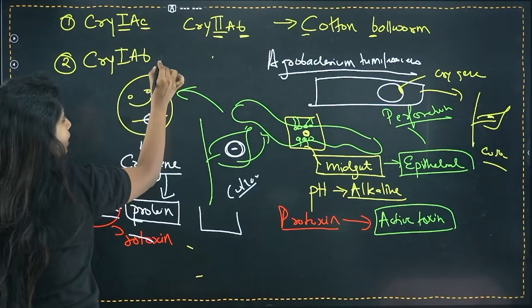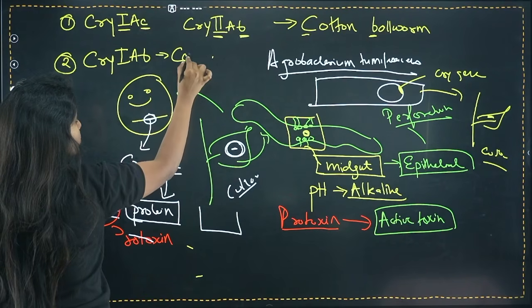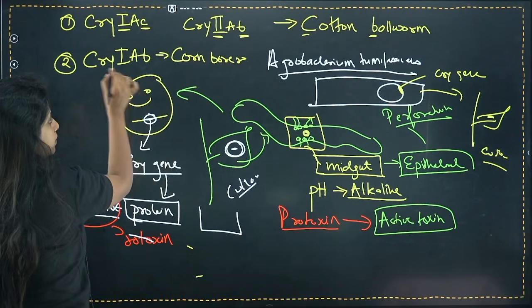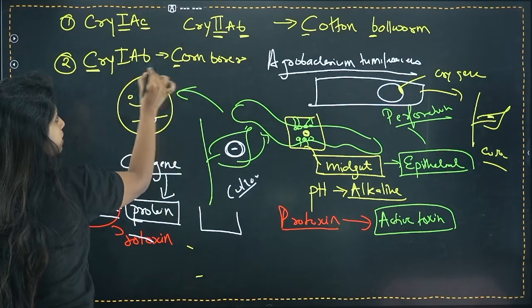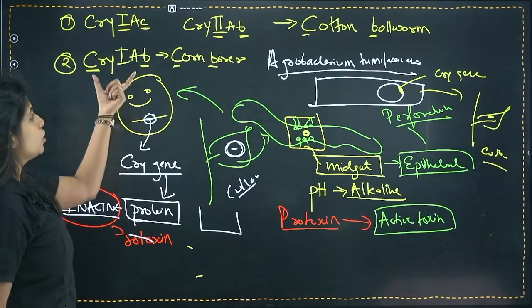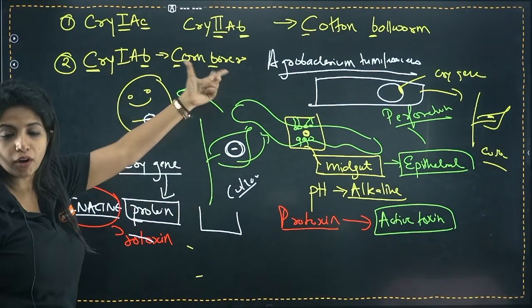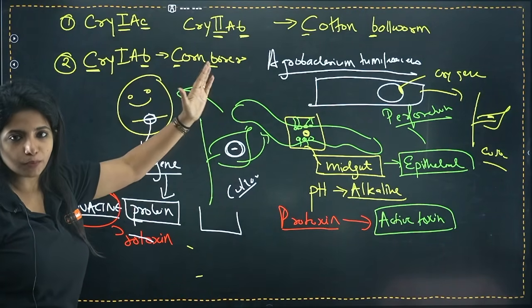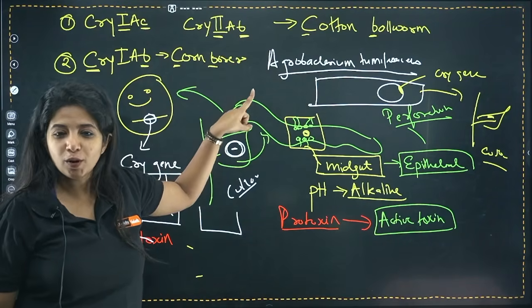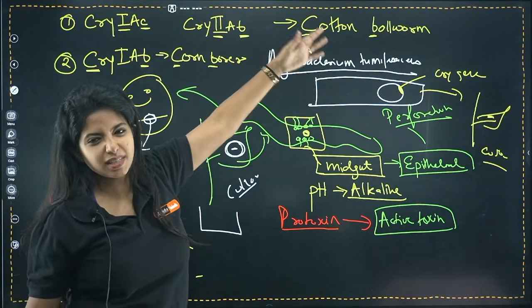Here there is only one. The name of this organism is corn borer. Over here, first letter C, second letter B, corn borers, and there is only one gene responsible for producing the toxin that can kill the corn borers. So two genes for cotton bollworms, one gene for corn borers, and both of them start with C and B only.